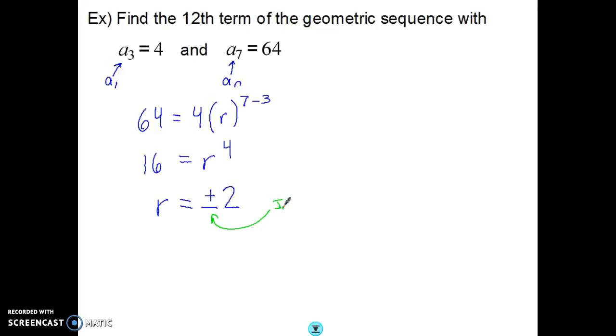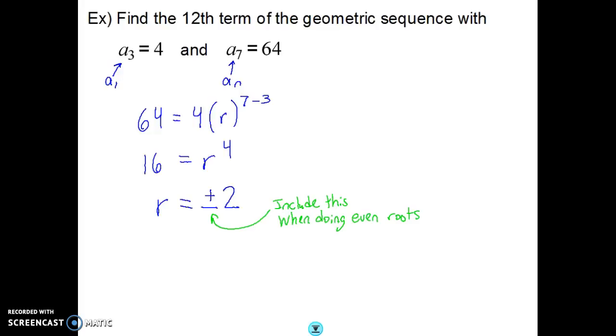So I'm going to include this when we do even roots. And the reason for that is both 2 to the fourth power gives 16, and negative 2 to the fourth power also gives us 16.